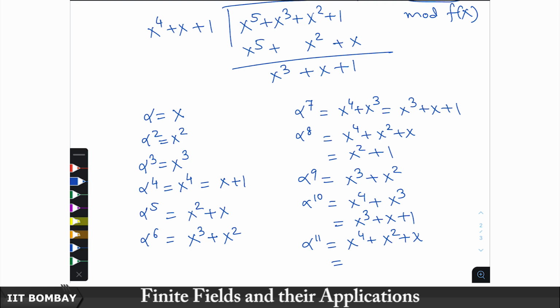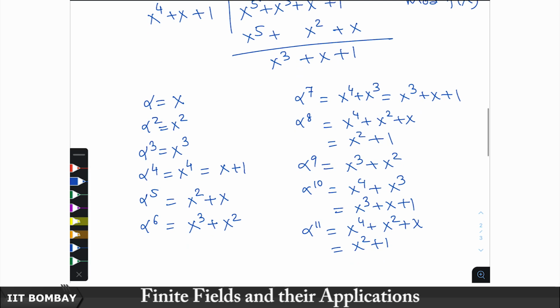Alpha power 11 is x 4 plus x square plus x, which is when divided by x 4 plus x plus 1, the remainder becomes x square plus 1.